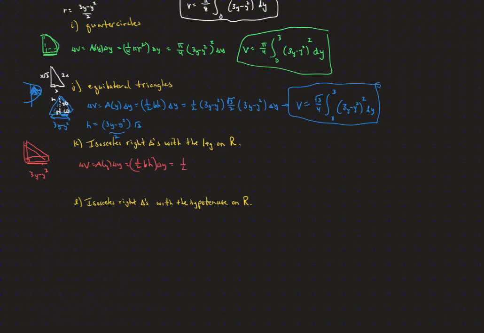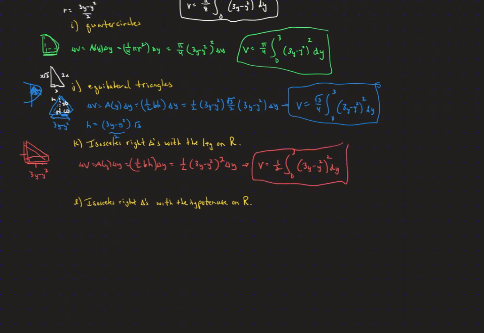So our base is going to be that 3y minus y squared. Now the height, since it's isosceles, those two legs are the same, and so that means that the height is the same as the base, it's the function, which means that our volume is going to just have a 1/2 integral from 0 to 3 of 3y minus y squared dy.